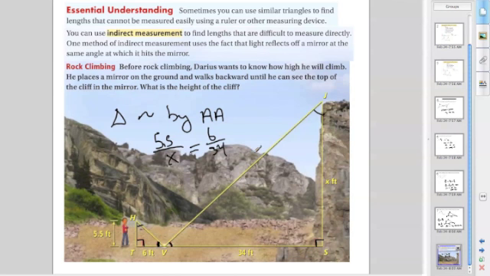When you cross multiply and solve, you get 6x equals 5.5 times 34. Cross multiply 5.5 times 34 and divide by 6, and you get 31.16.